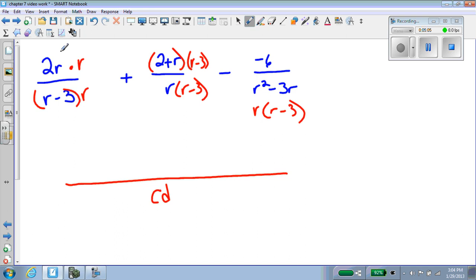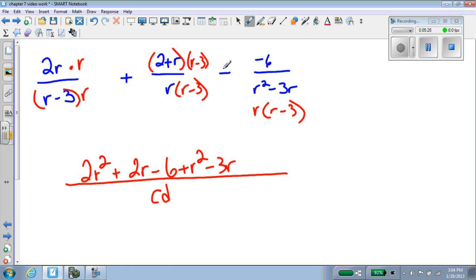So this numerator is 2r squared. This numerator is a FOIL problem, so plus 2r minus 6 plus r squared minus 3r.